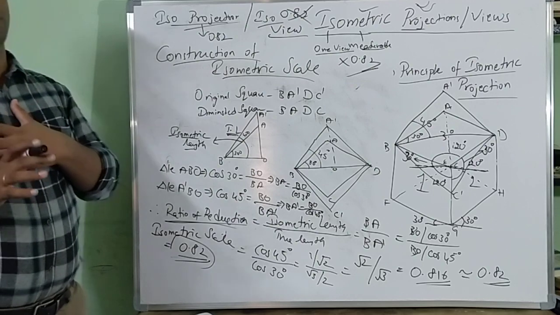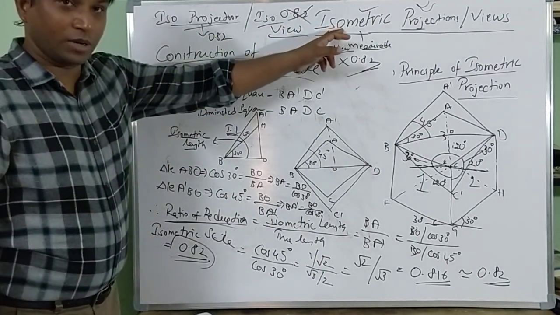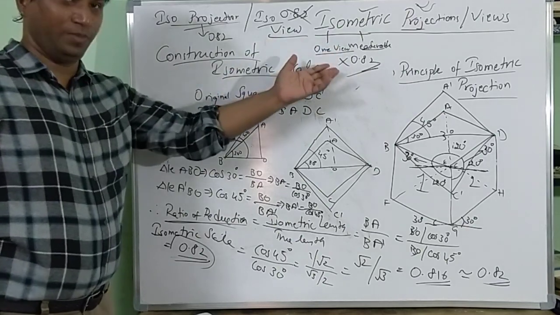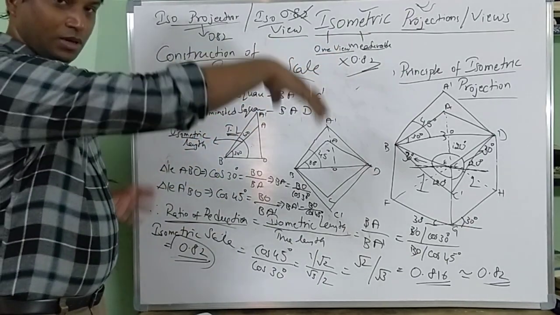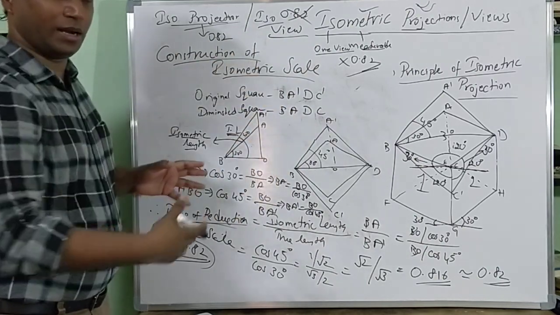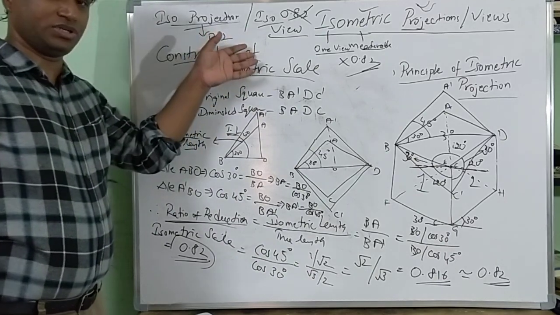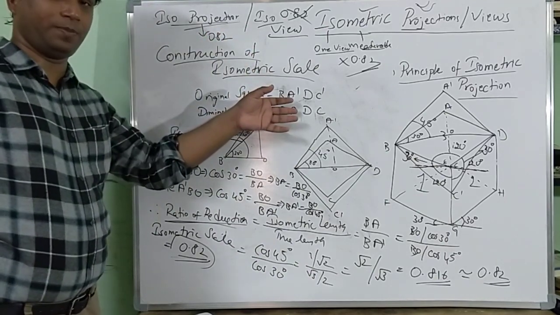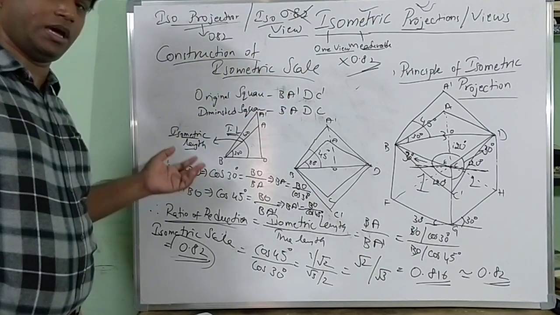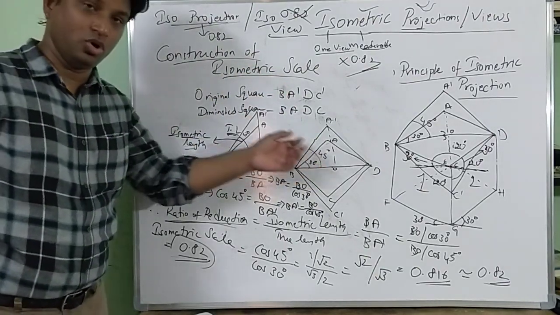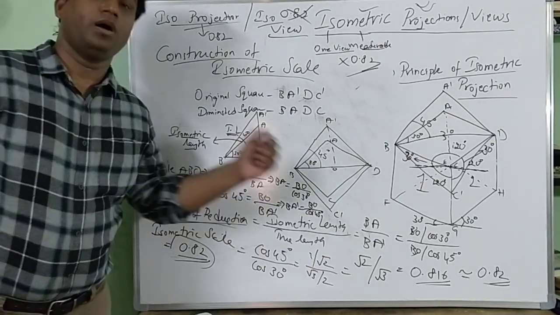Hope you all understood the concepts. I started with the isometric projection definition, its meaning, and where it comes from. I gave the tree diagram: projections are of two types, orthographic and pictorial. Pictorial has three types: axonometric, oblique, perspective. Axonometric has three types: diametric, trimetric, and isometric.